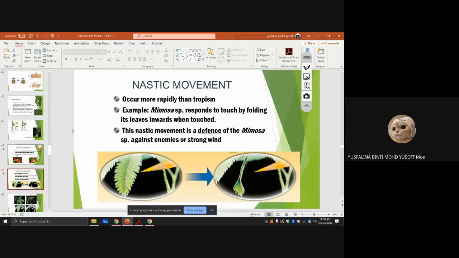An example is Mimosa pudica. If you touch it, it will move the leaf inwards. This is called nastic movement. This is for defense against enemies or strong wind.